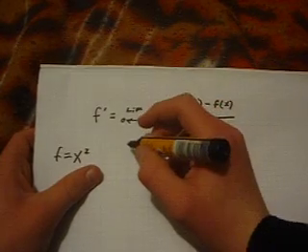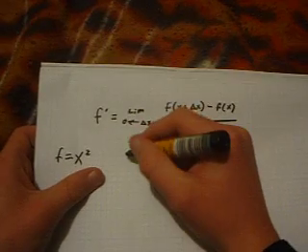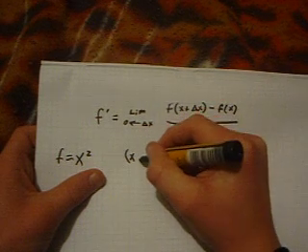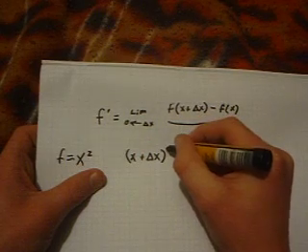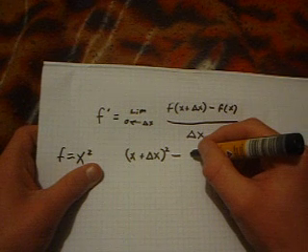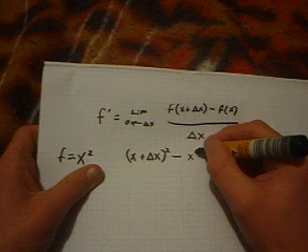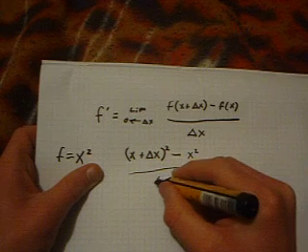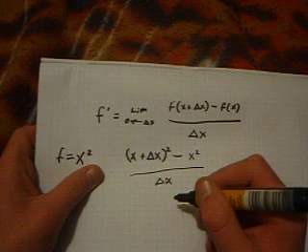Which means that now we take x plus delta x, squared, minus x squared, divided by delta x. Okay, so now we have our formula.